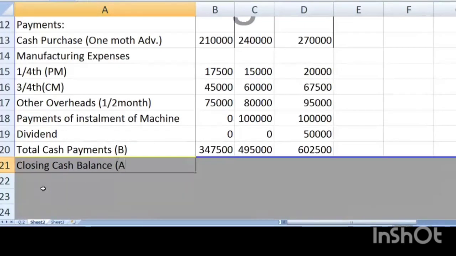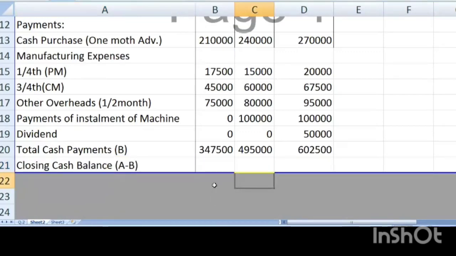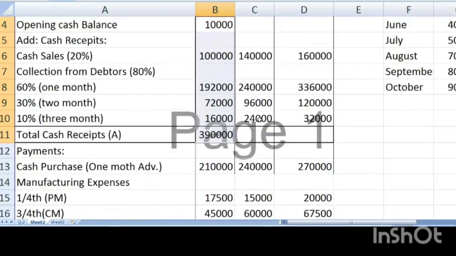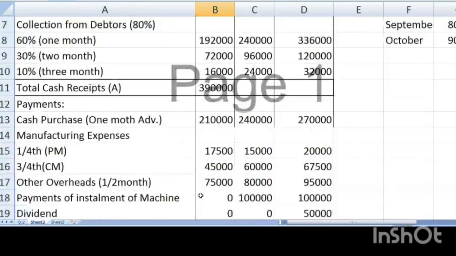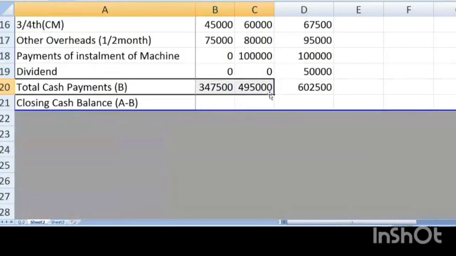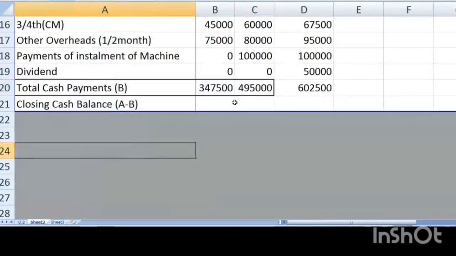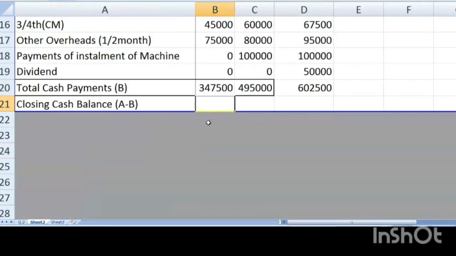Okay, now the next is closing cash balance. It's called A minus B. So here is the total. What is the total? 3,90,000 first step. Okay, 390 minus this.